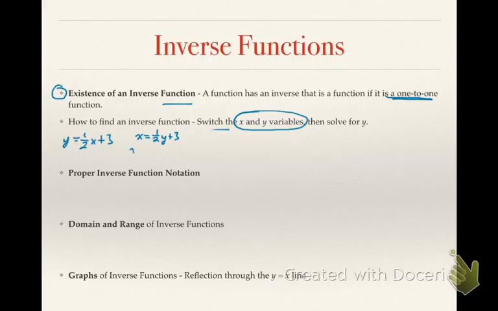I would subtract the 3, and then multiply everything by 2. Remember to indicate multiplying both sides by 2 to give you 2x minus 6 is equal to y. And that would be my inverse function.